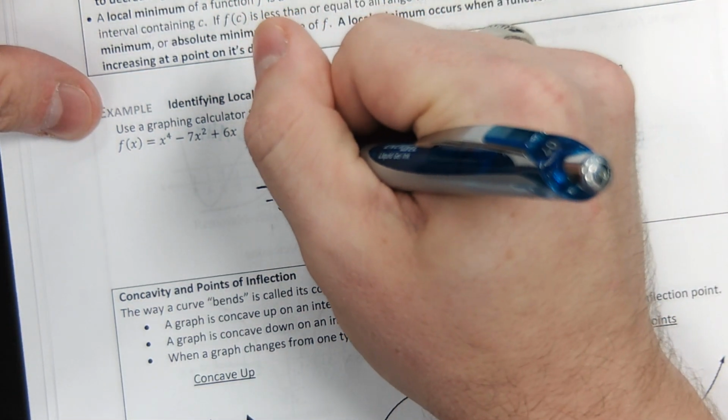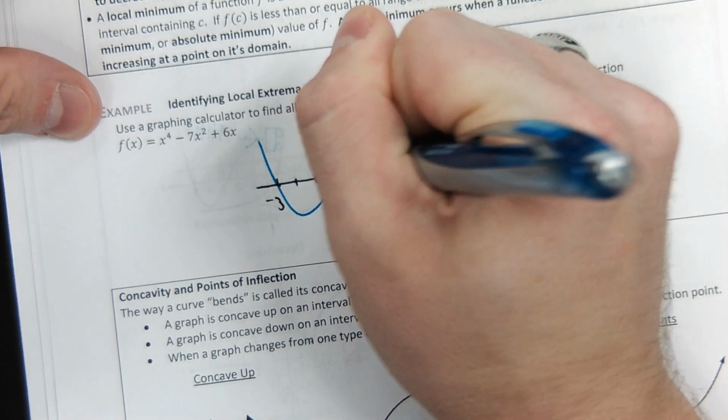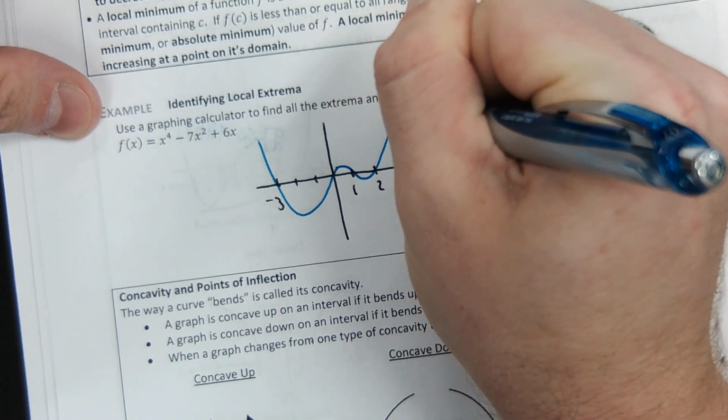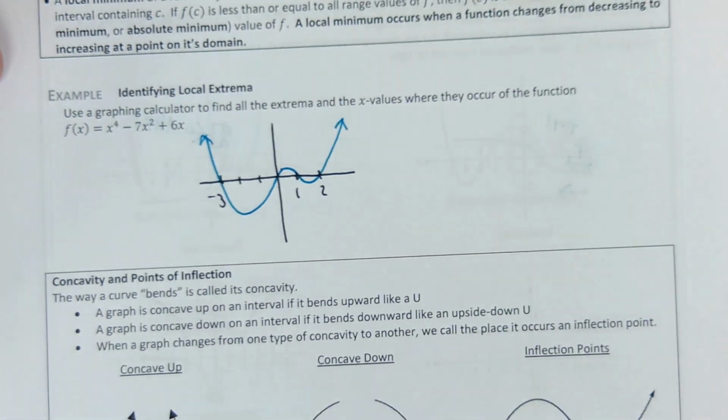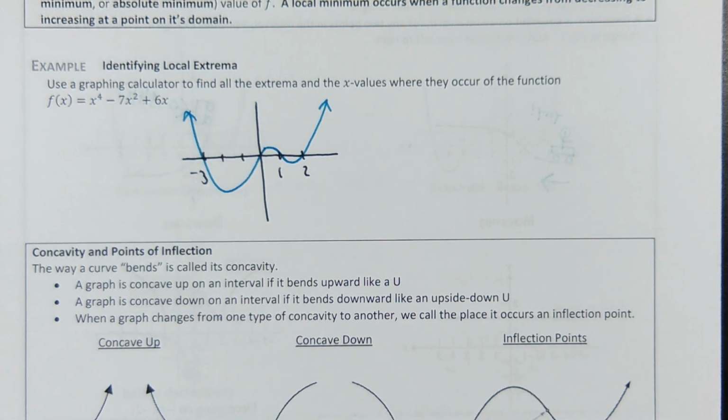Picture not drawn to scale. There. Notice I didn't put any y values on mine, so we're getting away with drawing it however we want. Picture not drawn to scale.